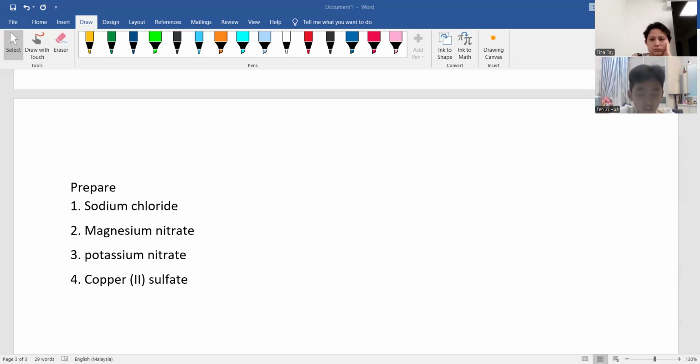Method one, method two means either titration or acid neutralization. So I just write that there and then start writing the equation.